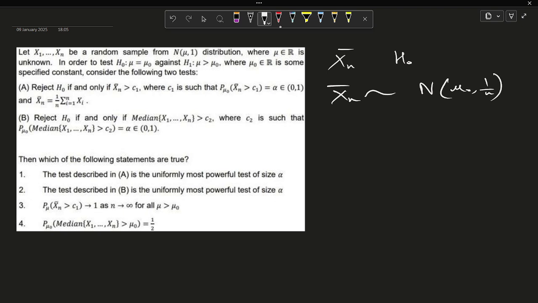Now, for the one-sided test H1: mu greater than mu0, the likelihood ratio test (LRT) based on Xn bar is uniformly most powerful at level alpha. Thus, our test A is the UMP test. So, our statement 1 is true.